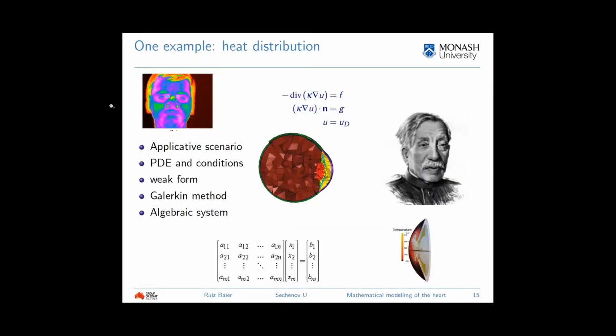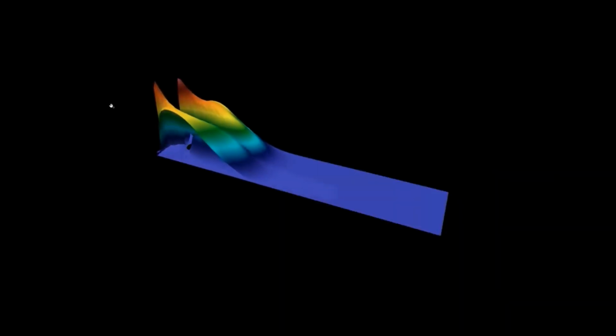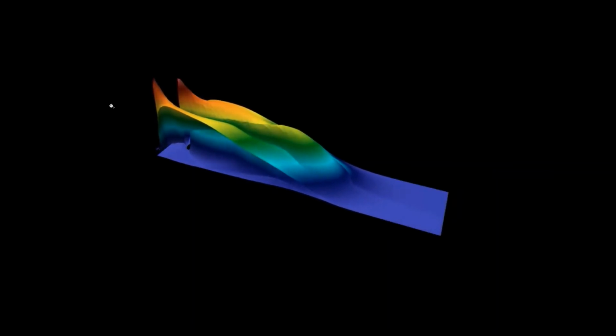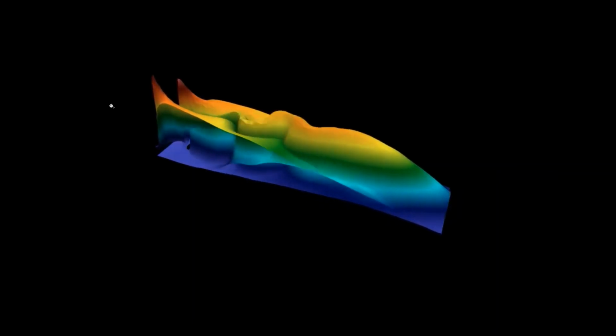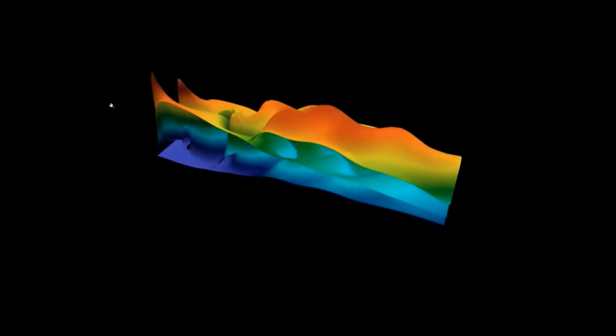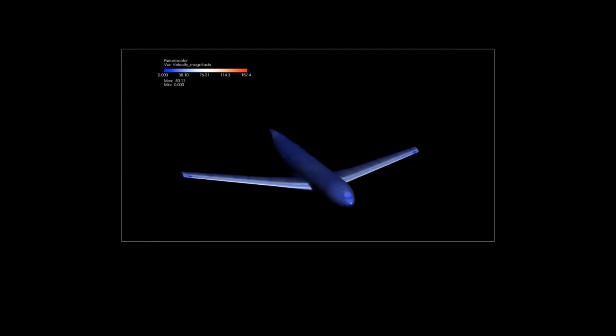Other examples where we use the same kind of methodology of Bubnov-Galerkin to pass from partial differential equations to approximate solutions is when we compute, for instance, the flow past an airfoil.